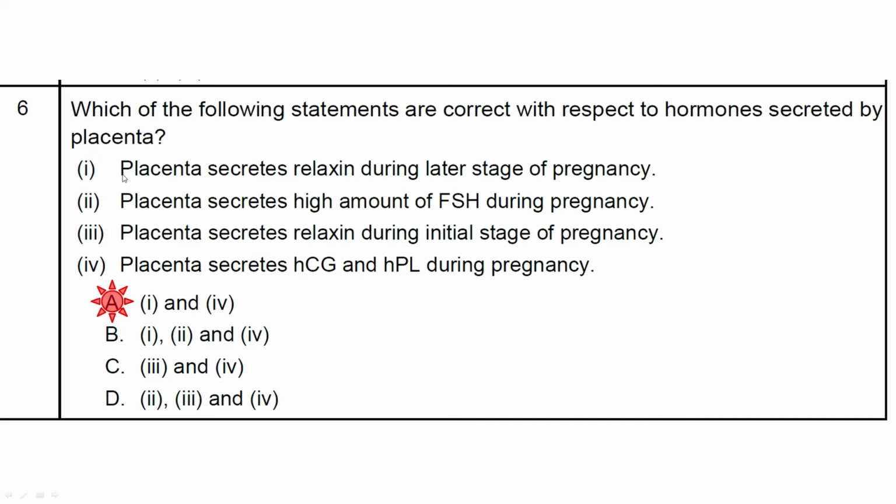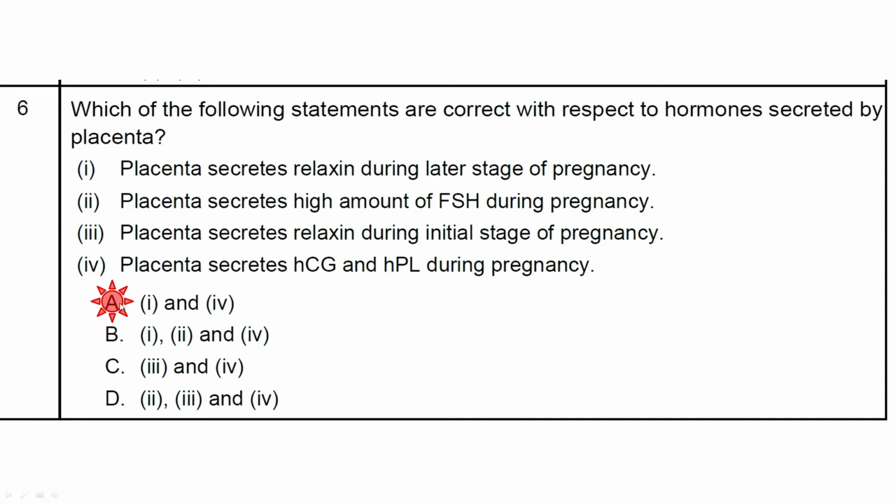Statement 1 says placenta secretes relaxin during later stage of pregnancy, and statement number 4 says placenta secretes human chorionic gonadotrophin and human placental lactogen during pregnancy. The correct option is said to be A.